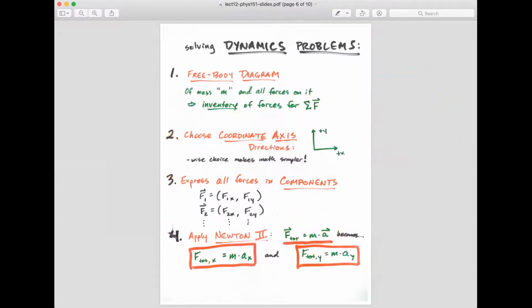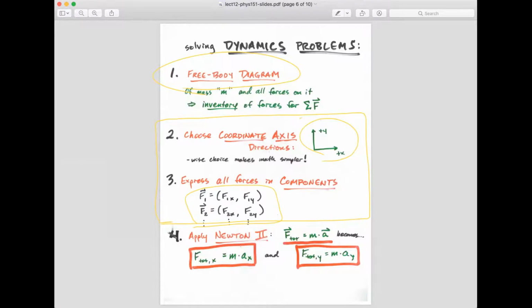To summarize, you're going to see me start basically every dynamics problem with a free body diagram. If I'm going to head toward using components, then you'll see me choose my axes and then break down all of the forces in the free body diagram into their components. Otherwise, if I decide I don't need components, I'll probably skip steps 2 and 3.